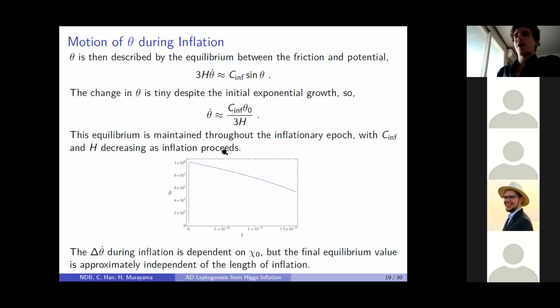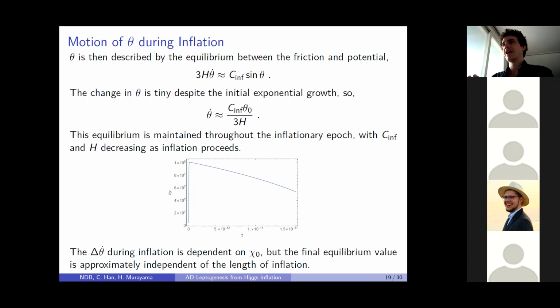Sorry, can I ask quickly? Maybe I missed this. Are you solving the equation of motion for chi at the same time as theta? So chi, you could just imagine it's independent of the dynamics of theta. In the numerics, yes, we are solving them simultaneously. Here I'm doing very simple things to try and show you why it's doing what it's doing, but the numerics is a full simultaneous thing.